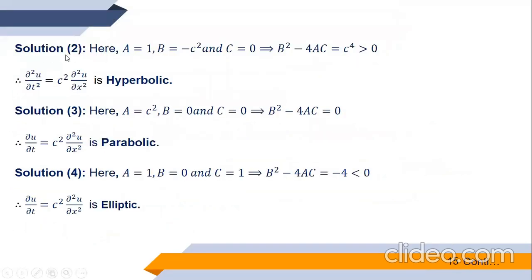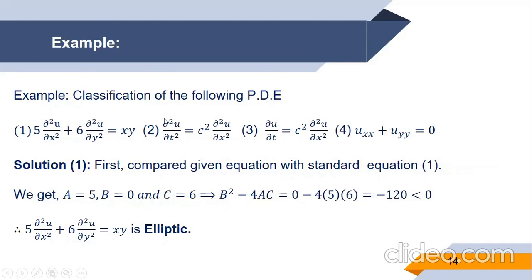In the second example, the coefficient of del square u by del t square is A, so A is 1. Now we transfer this term to the left hand side. So the equation is del square u by del t square minus c square del square u by del x square is equal to 0.